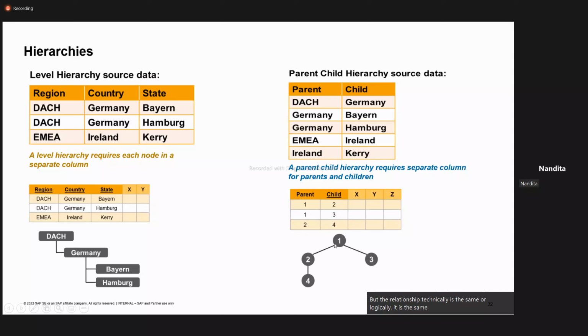So the parent-child hierarchy structure looks different, but the data output is the same. In the level hierarchy, we usually need different columns for different levels in the hierarchy, while in the parent-child hierarchy, we need only two columns, parent and child.